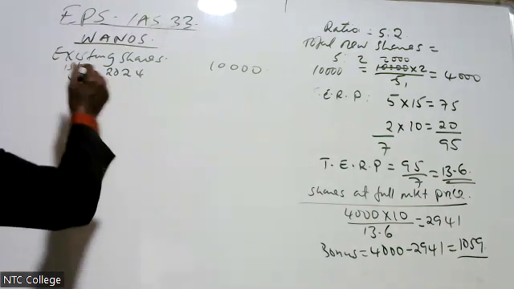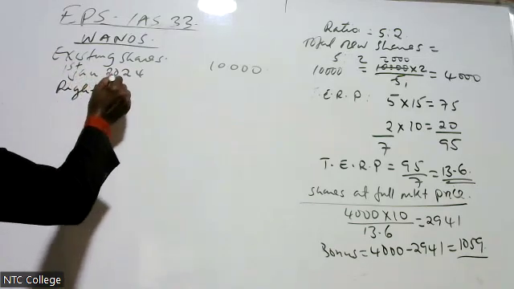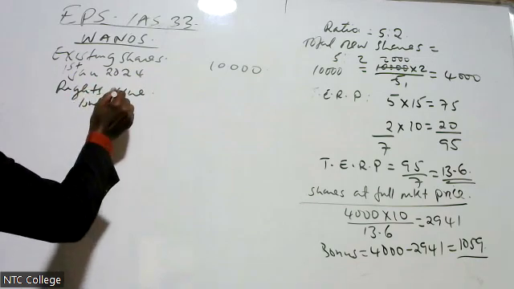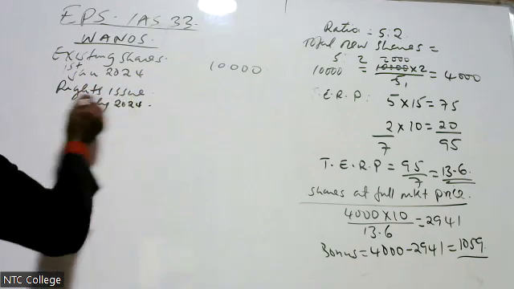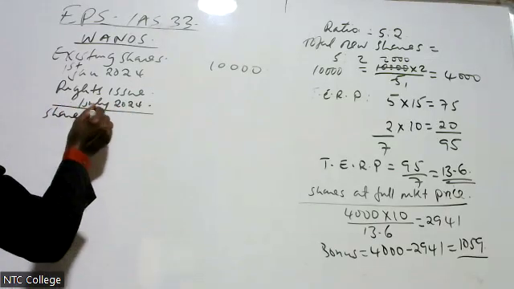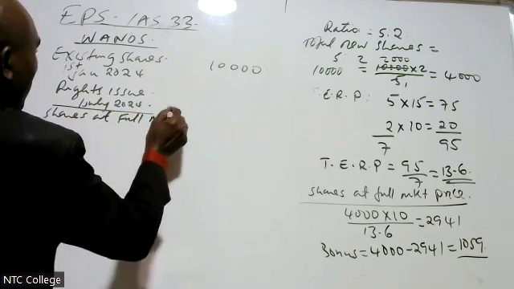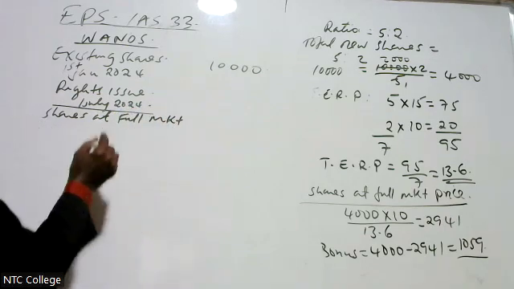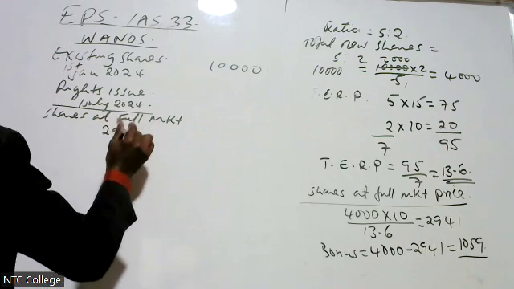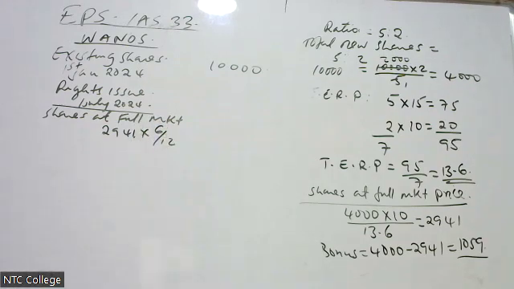You don't weight. Then I come to the rights issue. This was on 1st July 2024. Shares at full market, it will be 29.41 times 6/12. I weight on a time basis.